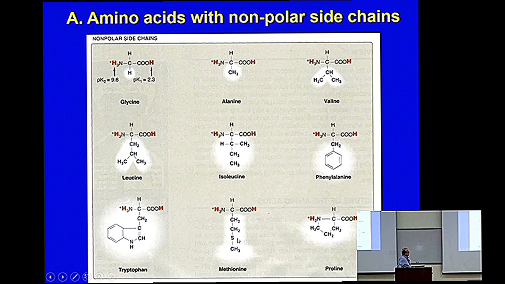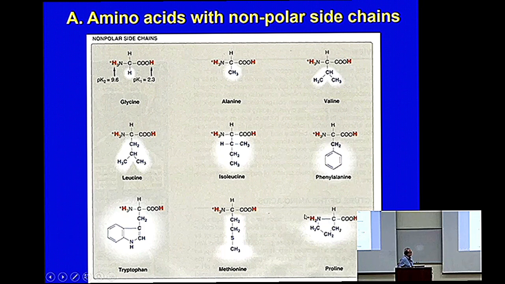Although sulfur can impart polarity, it's shielded by this methyl group, so this entire R group becomes nonpolar. So methionine is nonpolar. And finally, the last nonpolar R group amino acid is proline.